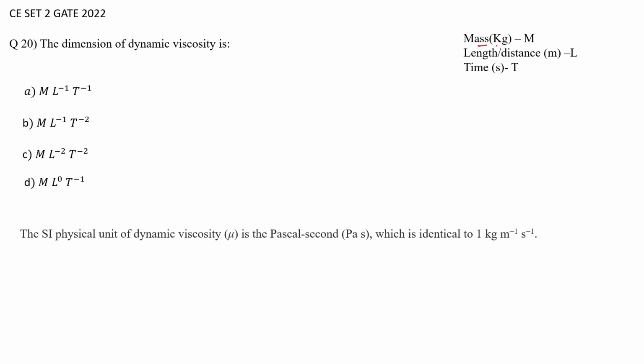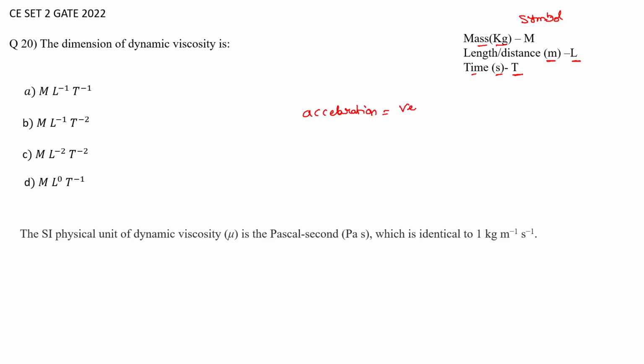For mass, which has units of kg, we use the symbol M. For length, distance or width, any measurement which has units of meters, we use the symbol L. And time, which is in seconds, we use the symbol T. Let's take a few examples, like how we can express acceleration in MLT format.